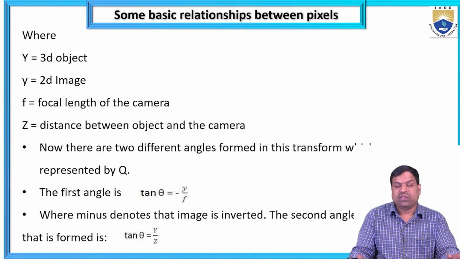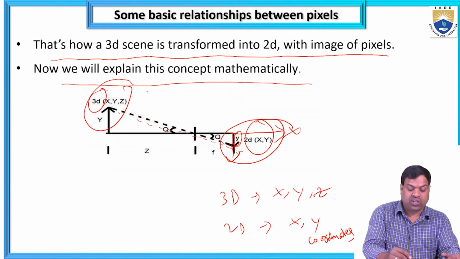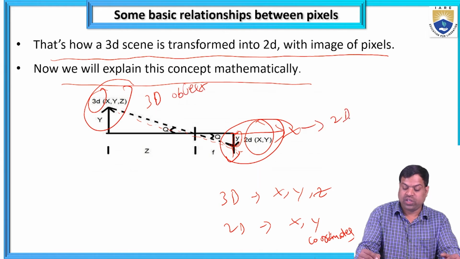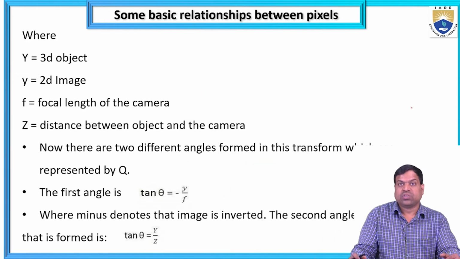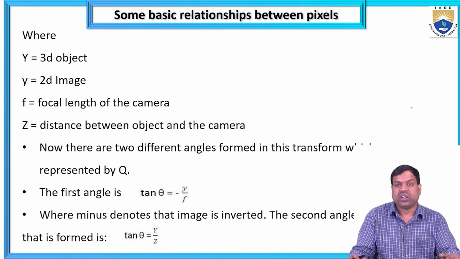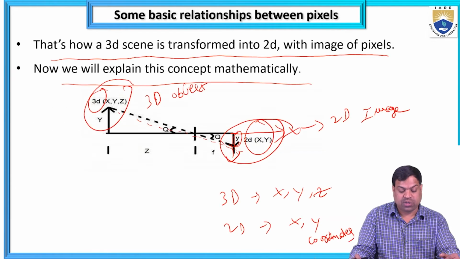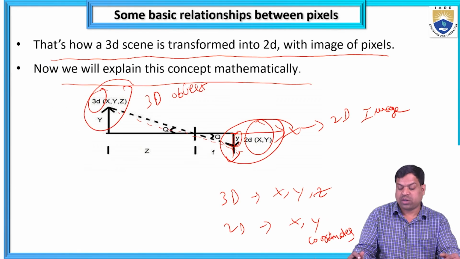Suppose I take y for the 3D object and another y for the 2D image. This is a 3D object and this is a 2D image. f is the focal length of the camera. So what is the focal length of the camera?